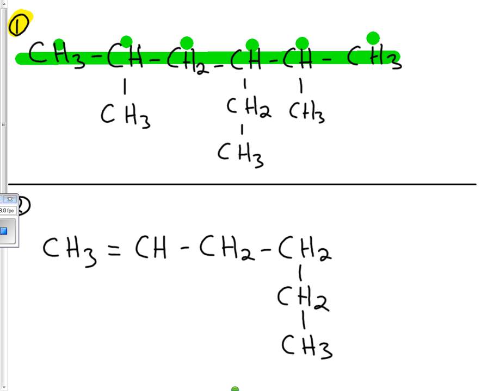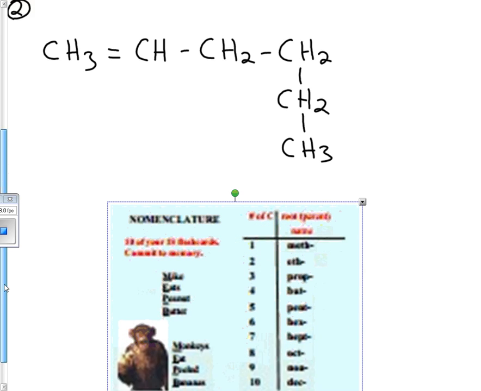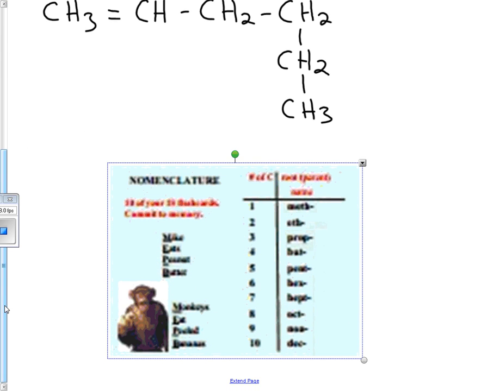All right. Our next step, I should say, is to name this parent chain. As we counted 1, 2, 3, 4, 5, 6, if we come down here and we find our 6, it's very hard to read, 6 would be hex.